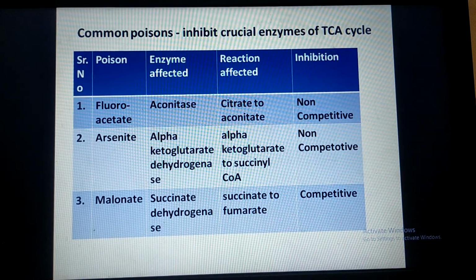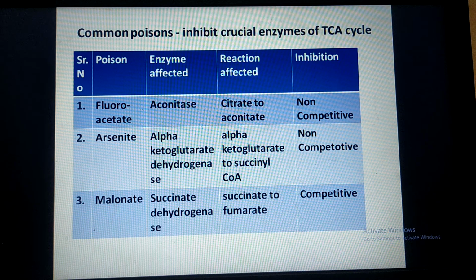And last, we will study the common poisons which inhibit the TCA cycle. There are 3 poisons which inhibit the TCA cycle. First is fluoroacetate. This fluoroacetate inhibits the enzyme aconitase. Due to this inhibition, the citrate is not converted into aconitate, and this type of inhibition is irreversible non-competitive type of inhibition. The next poison is arsenite.